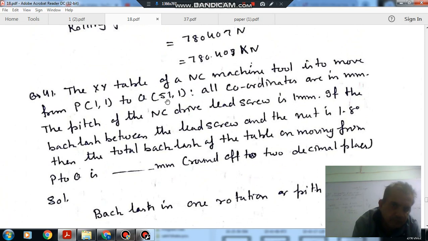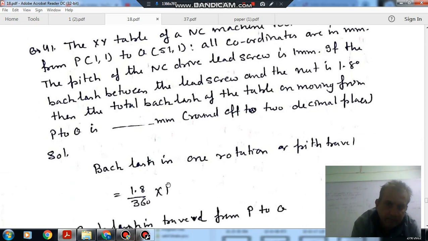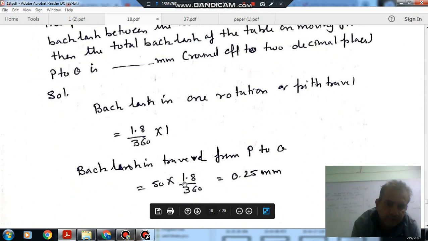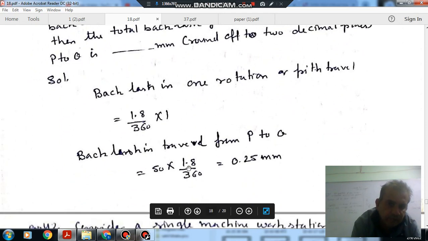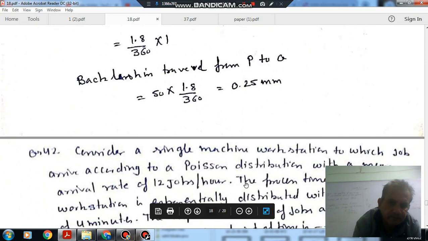As the table has to move 51 minus 1, that is 50 mm, the backlash will be 50 multiplied by 1.8 by 360, that is 0.25 mm. So that is the backlash.